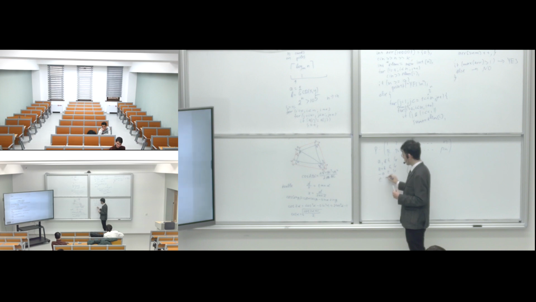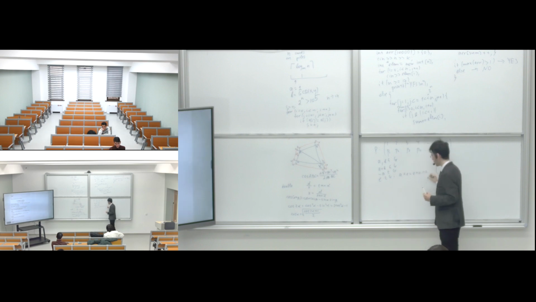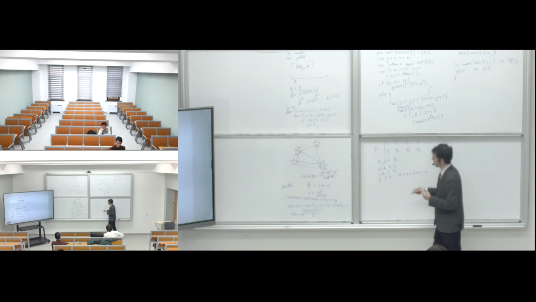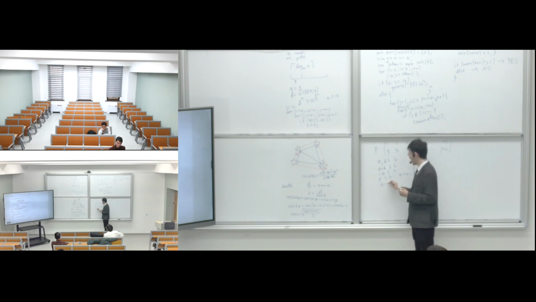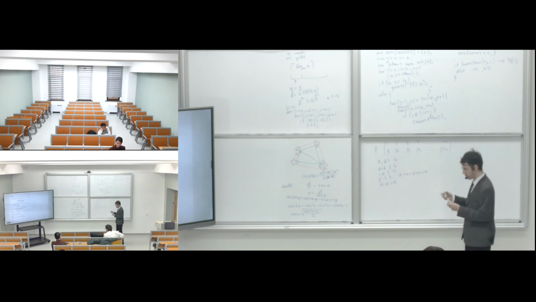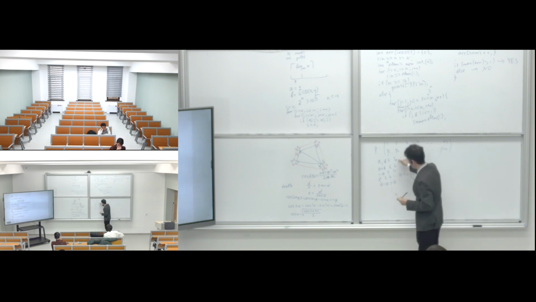You have some E in the group such that A plus E is the same as E plus A, which is just A. It's like 0. And A minus A is equal to E. If you have all these properties, this set with this operation is called a group.